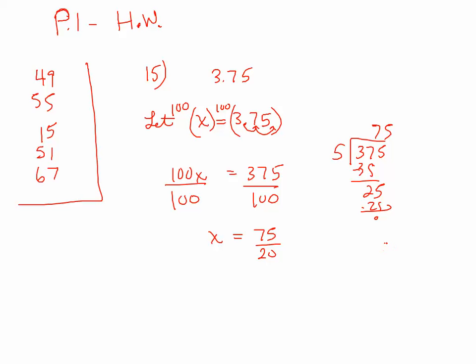It could still go into this by another 5, is that right? 5 goes into 75 fifteen times, and 5 goes into 20 four times. 15 I hear, yep, that's cool. So that's 15 over 4, and that will be the final answer. Good there with number 15.